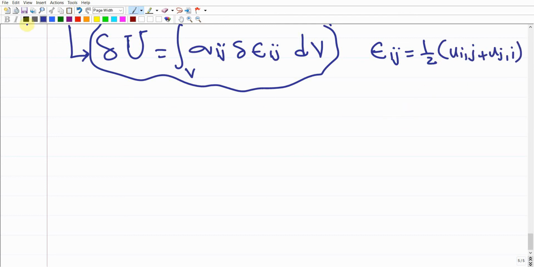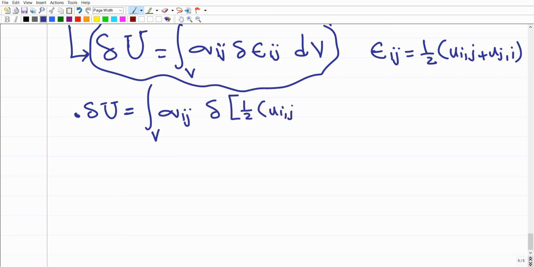So plugging this in here, we're going to form it in terms of the displacement. This is going to give us the integration over the volume of sigma_ij, which is the same, but here we're going to have the variation of 1 over 2 (u_i,j plus u_j,i). Make sense? dV.